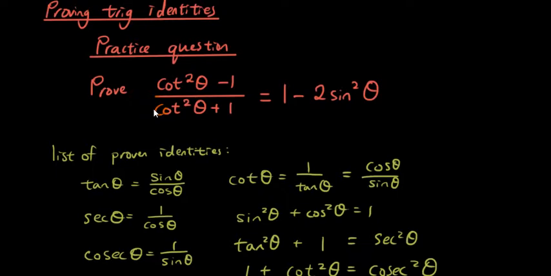In this tutorial, we're going to show you how to do a question where you're asked to prove a trig identity. The only way you can prove this is to use all of the proven identities that you have already seen before and try to prove a new identity using the proven ones.